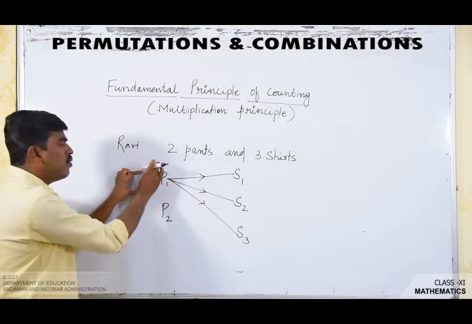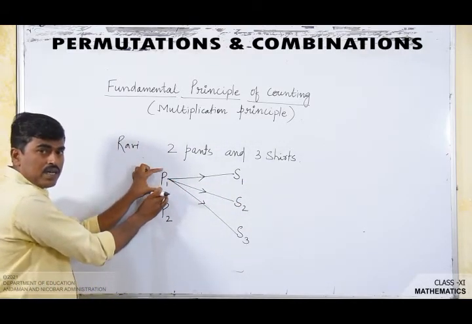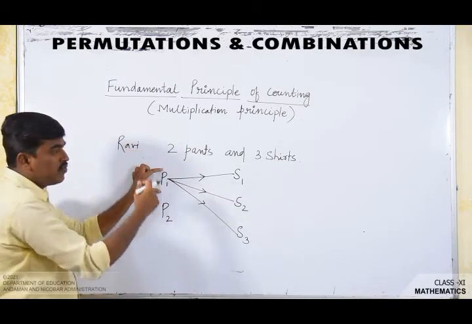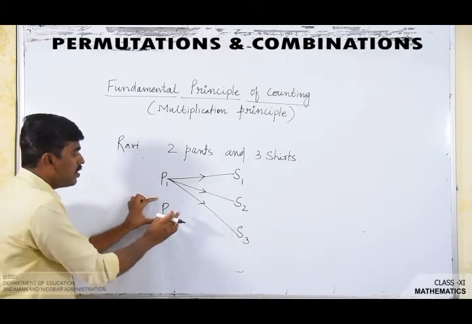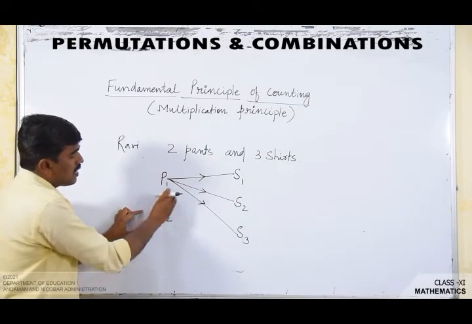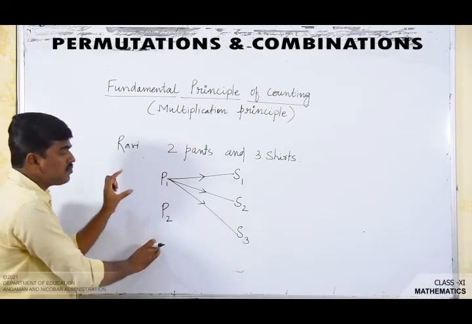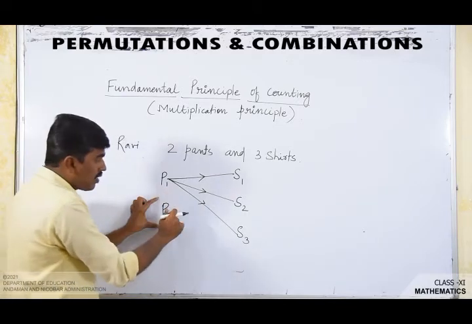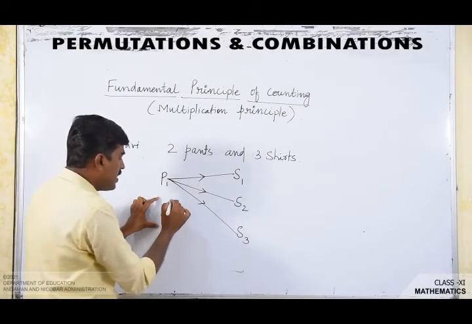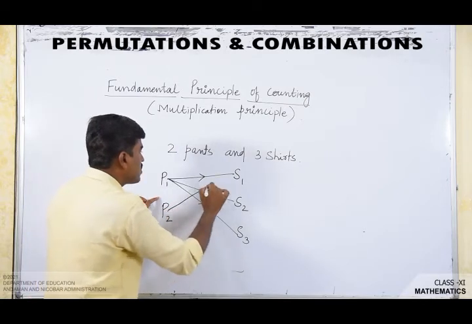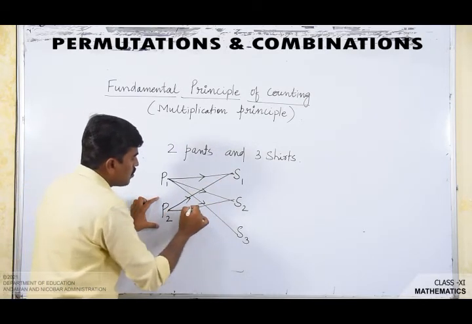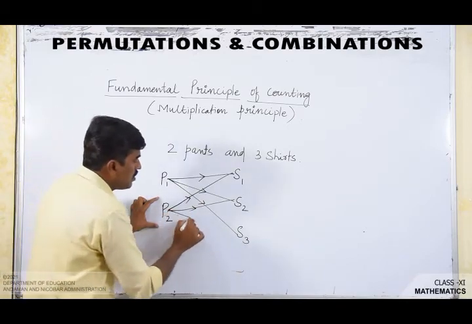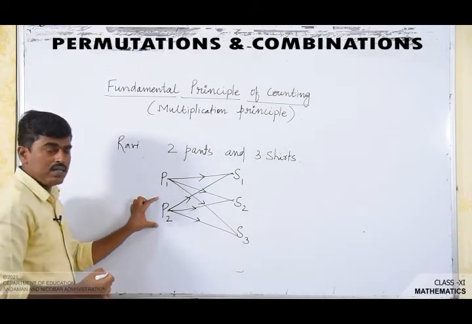If pant number 1 is selected, then Ravi can dress up in 3 ways using these 3 different shirts. If Ravi selects pant number 2, then again using this pant number 2, we can select shirt number 1 or shirt number 2 or shirt number 3.